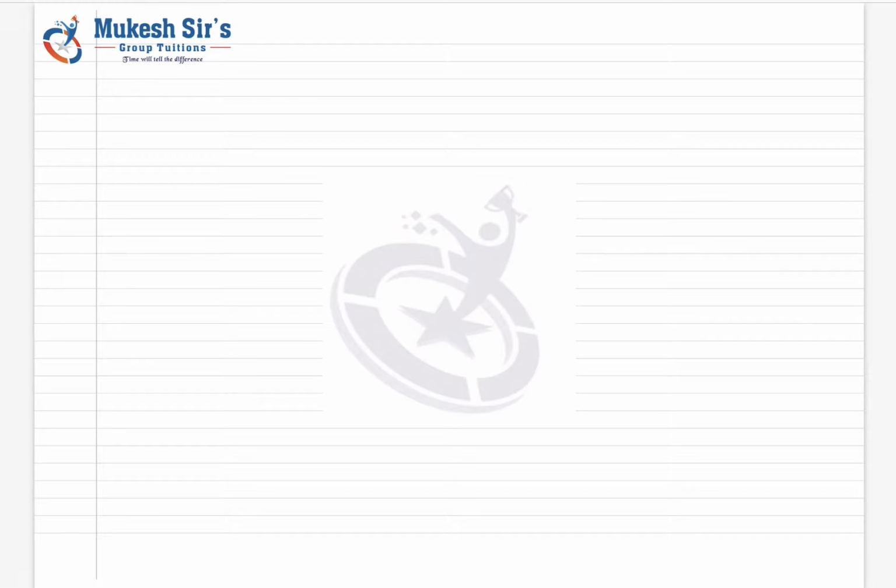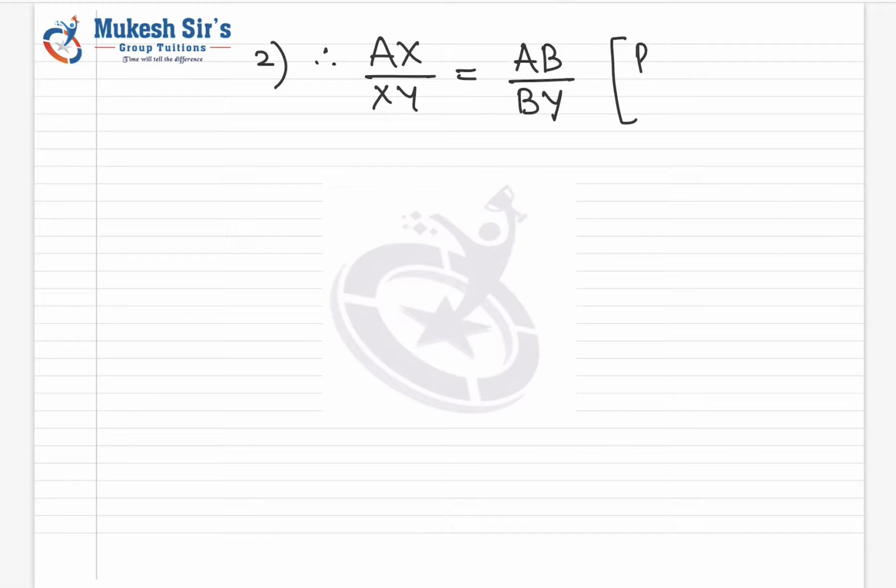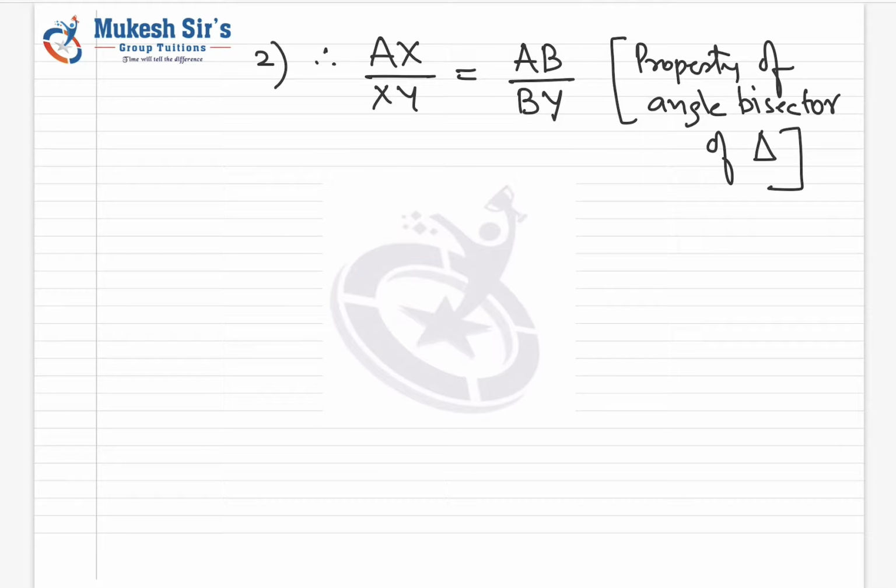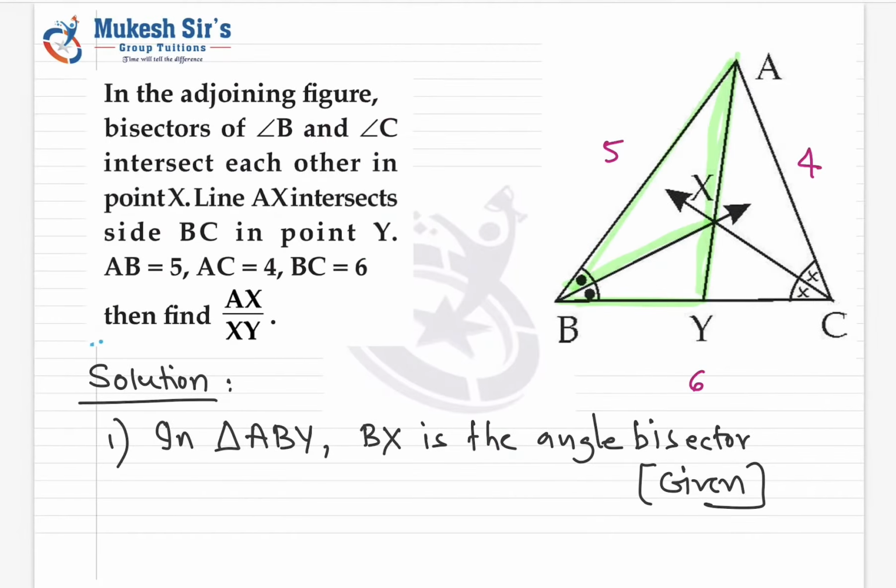So write step number 2. Therefore, by property of angle bisector, we get AX upon XY is equal to AB upon BY. The reason is by property of angle bisector of a triangle.